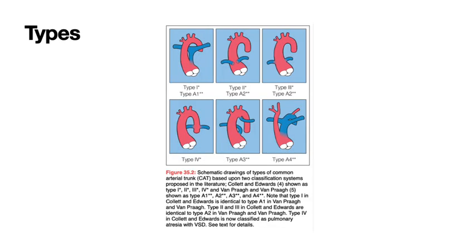Now, there are different types of common arterial trunk, and type 1, also in another classification A1, is the one that you see there, the first picture, which is immediately after this common arterial trunk arises from the heart, the pulmonary artery branches off from that. And then it in turn branches into a right and left pulmonary artery.